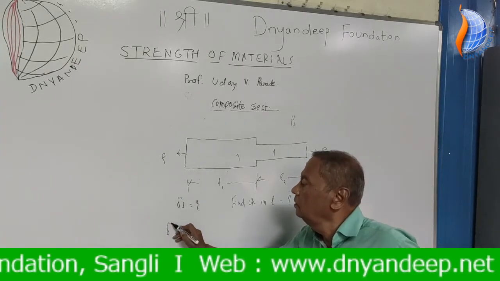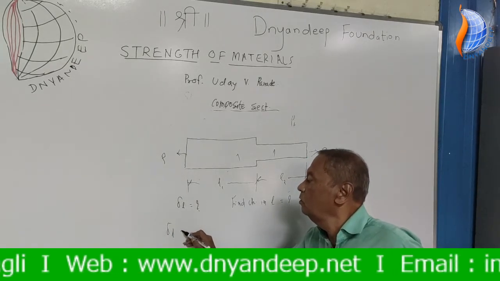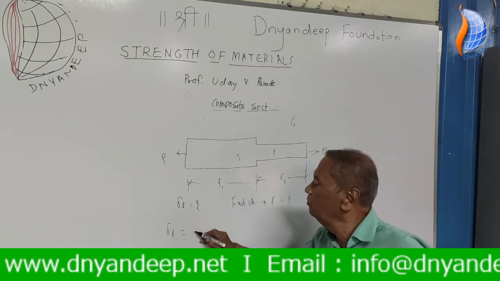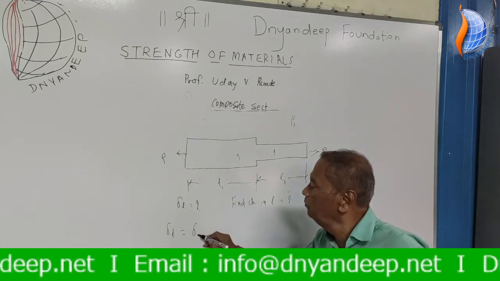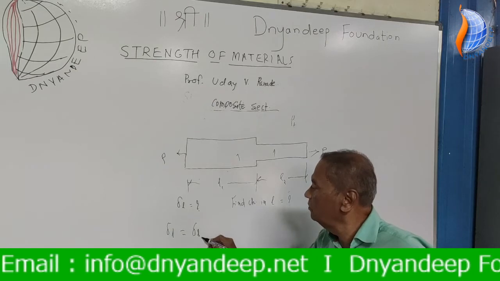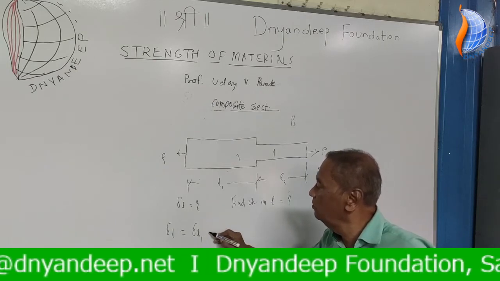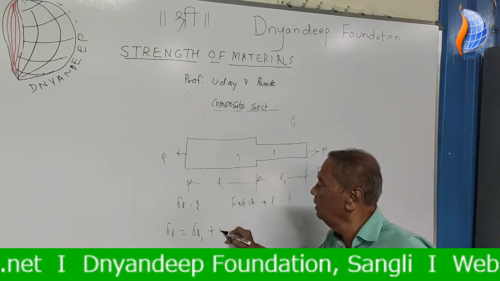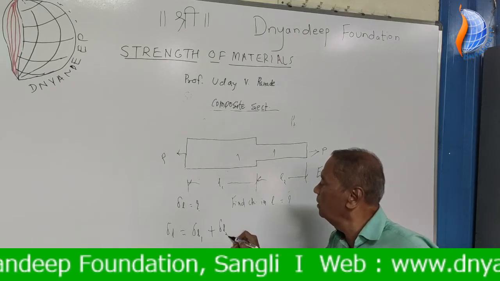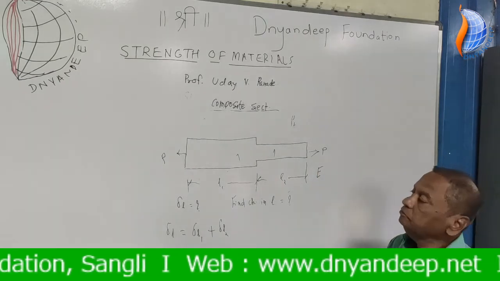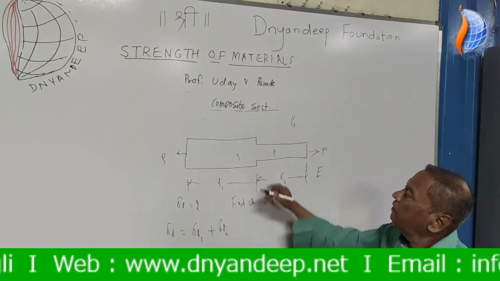Now delta L, which is the total change in length, is equal to delta L for part 1, that is for L1, plus delta L for part 2.